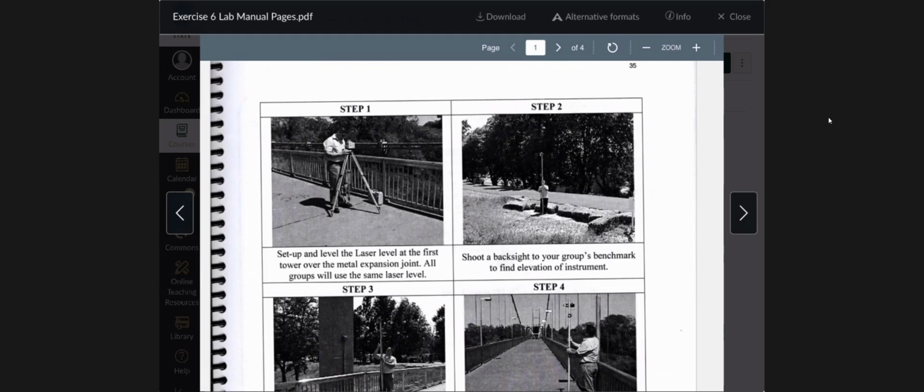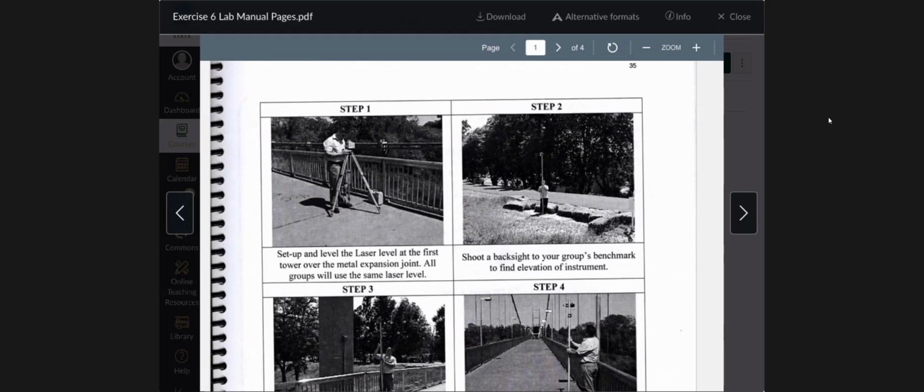This instrument is really accurate for construction purposes. It's accurate to maybe 1/100th of a foot, but because it's based on a beam of light, the farther you get away from it, the less accurate it becomes, because the beam starts dispersing. It just spreads bigger as it gets farther away from the instrument.